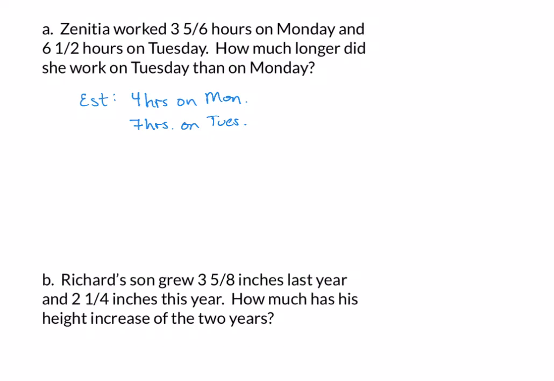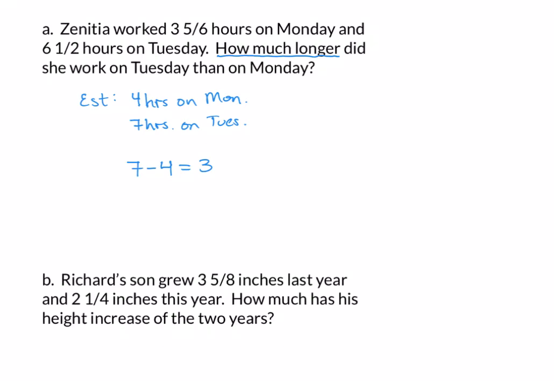Well, she worked an extra 3 hours. So for this problem, this is a subtraction problem. Some phrases that tell us subtraction, how much longer, that's another way of saying how much more. So this is going to be a subtraction problem.